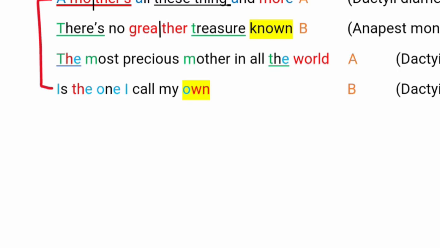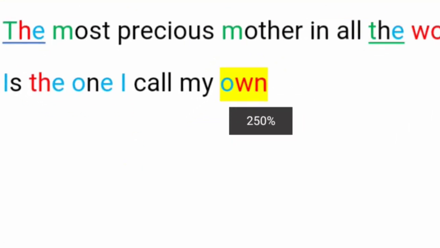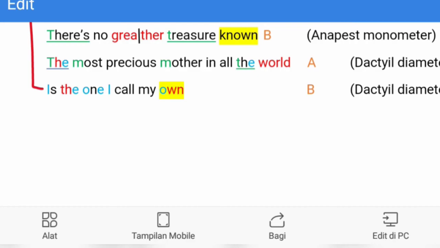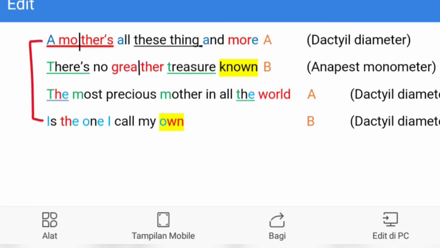Because in this line they have one stress in the second word, like greater. And the third and last line in the last stanza have dactylic dimeter, with the stress in the first and the last word, like the words the and world, and the and own.